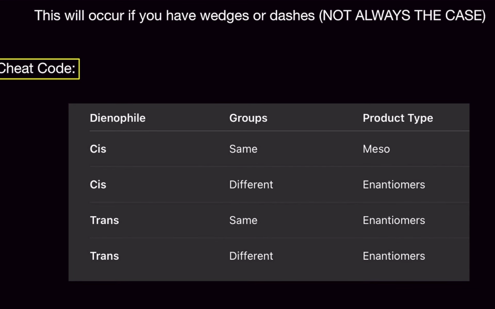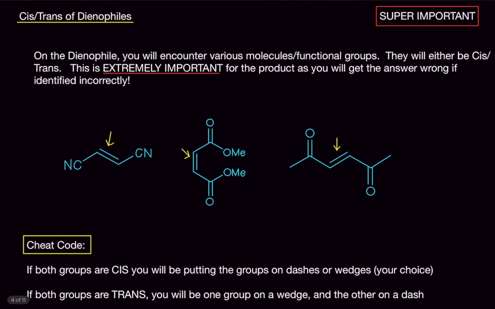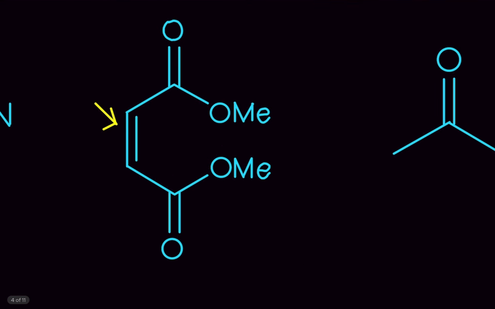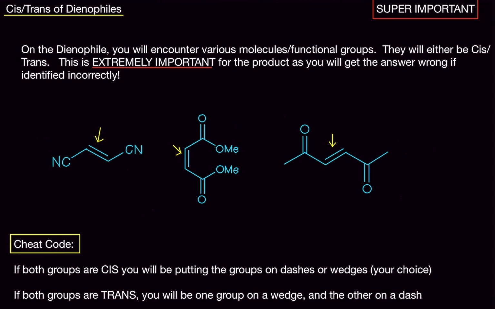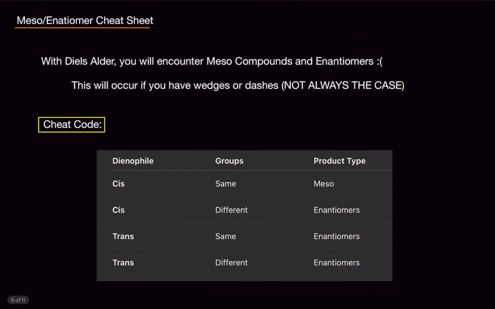If your dienophile has cis functional groups, the groups can be the same or different. So for this, I could put an ethyl group here and leave this as a methyl group, right? So methoxy and ethoxy, I can switch them up so they could be different, but they're still cis. They're still on the same side. But if I change this one to an ethyl group instead, then they're different. That's what I mean by that.